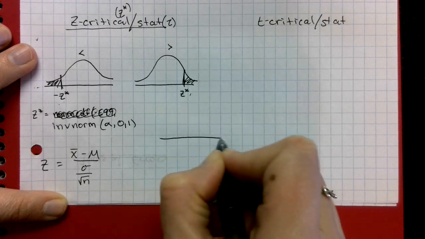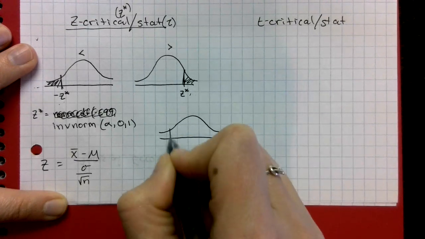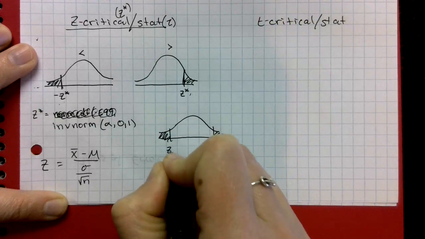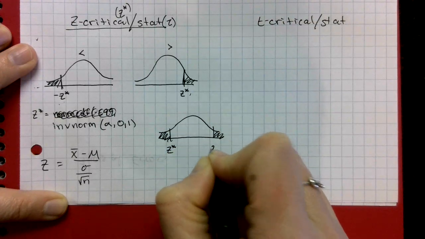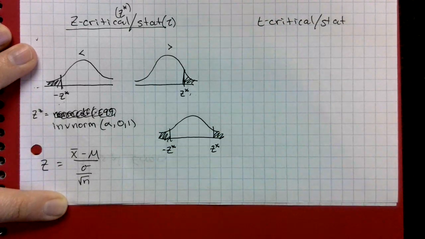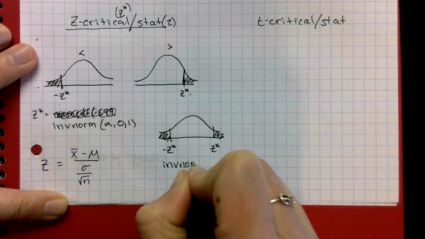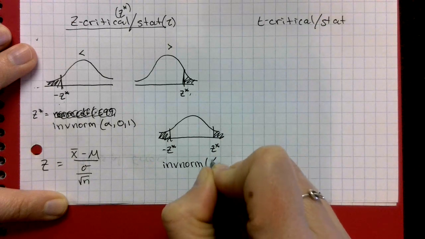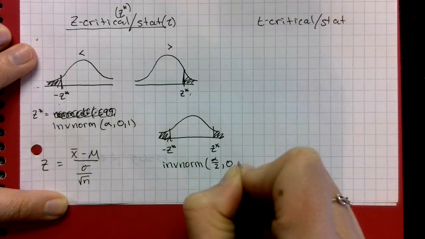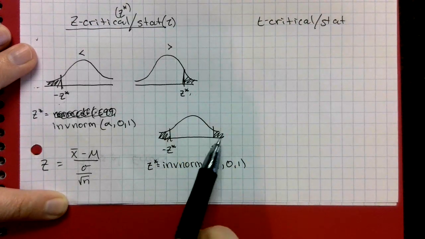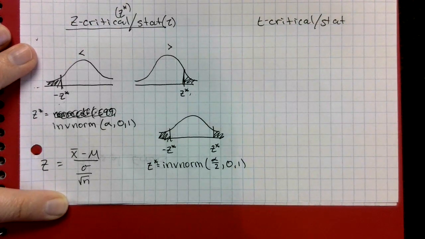Now, what if we have a two-tail test? That means we have one of each. So here we're going to do inverse norm, alpha divided by 2, 0 and 1. That's for your z-critical. And the reason that we divide alpha by 2 is because that area has to be split equally among our two tails.